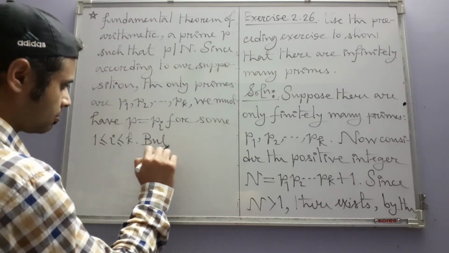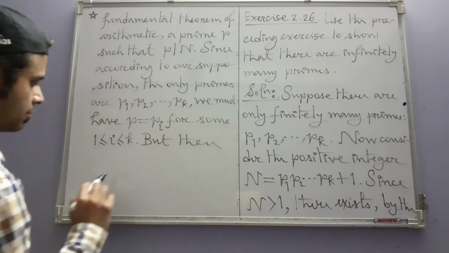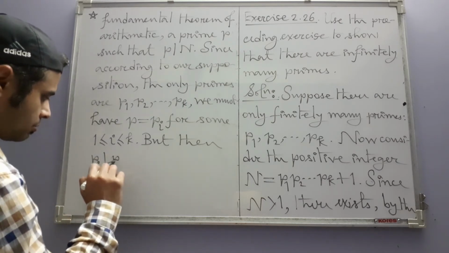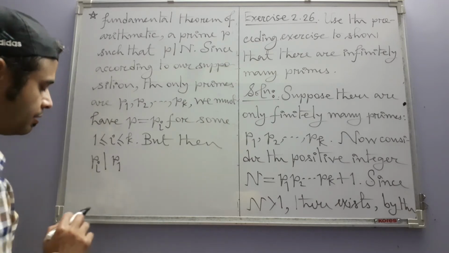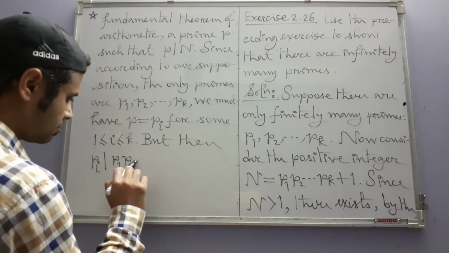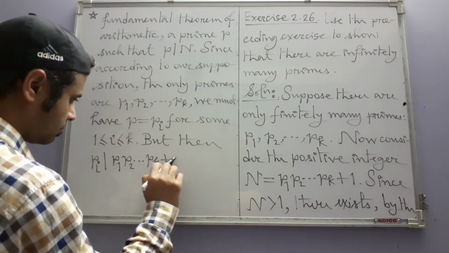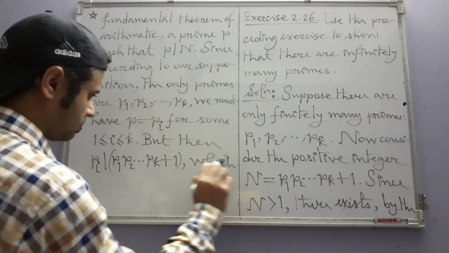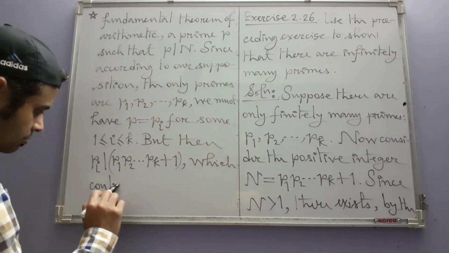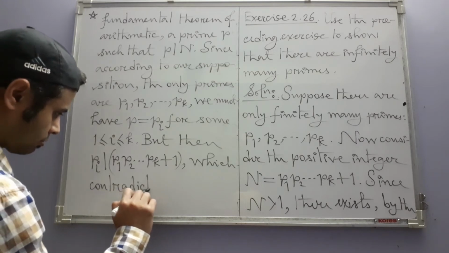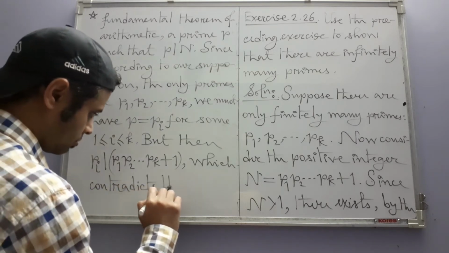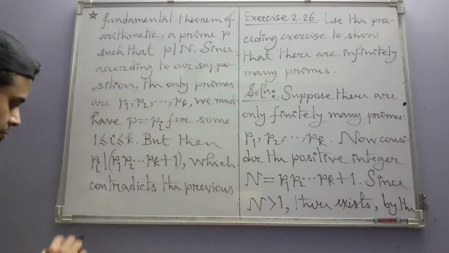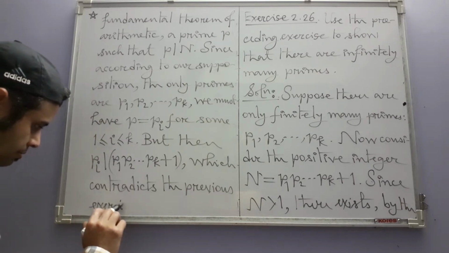But then Pi divides n means Pi divides this number. Which contradicts the previous exercise.